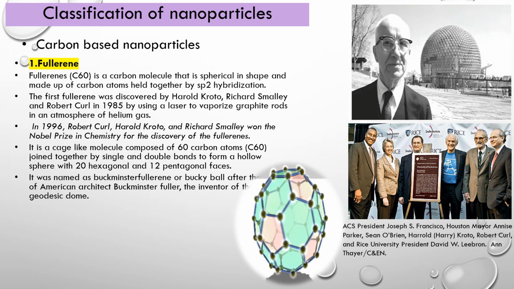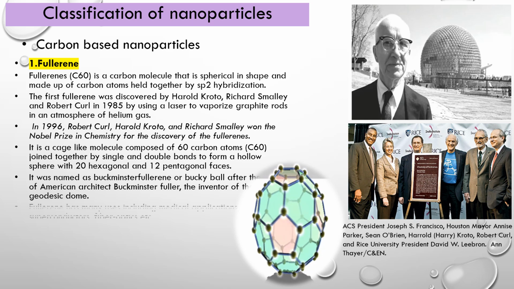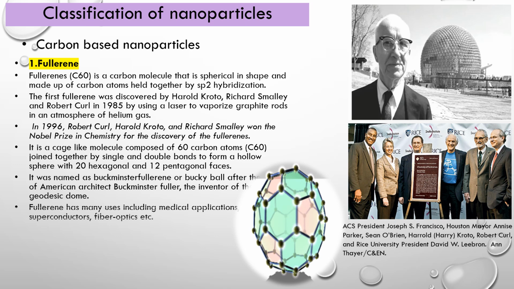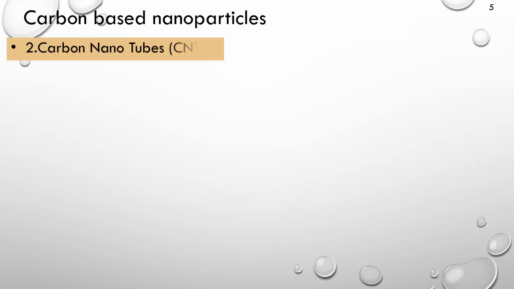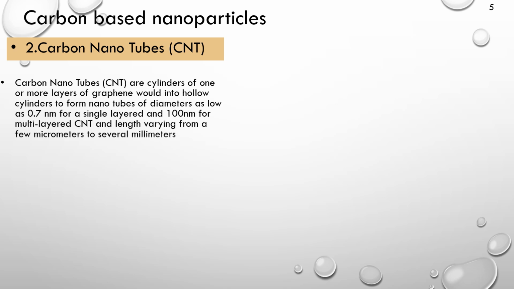Fullerenes have many uses including medical applications, superconductors, fiber optics, etc. Carbon nanotubes are cylinders of one or more layers of graphene rolled into hollow cylinders to form nanotubes of diameters as low as 0.7 nm for single-layered and 100 nm for multi-layered carbon nanotubes, and length varying from a few micrometers to several millimeters.